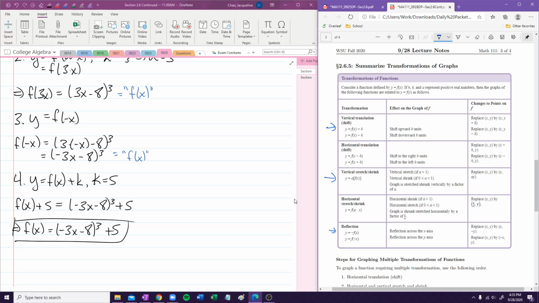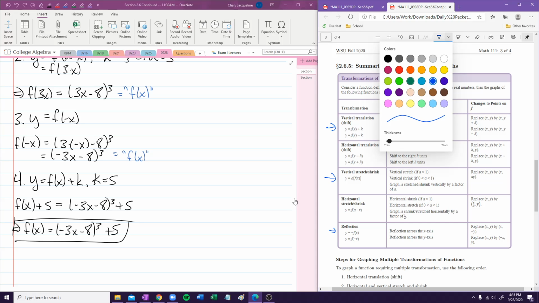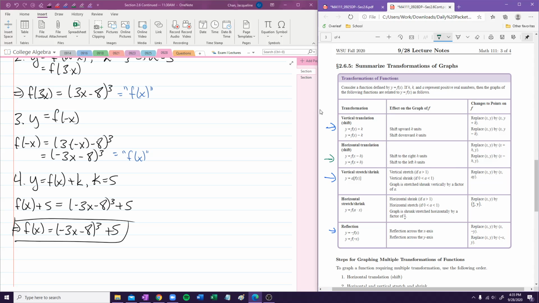But when I am changing my x values, notice it is within f of x. It is f of x minus h or f of x plus h when you're horizontally shifting. When you're horizontally shrinking, you're multiplying, f of a times x. And when you reflect, it is f of negative x.